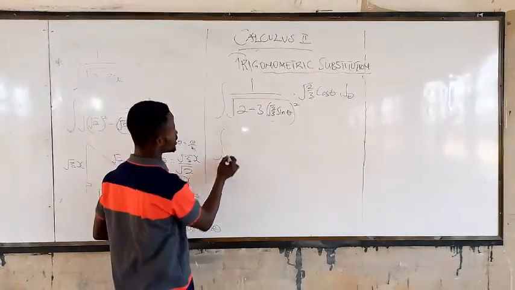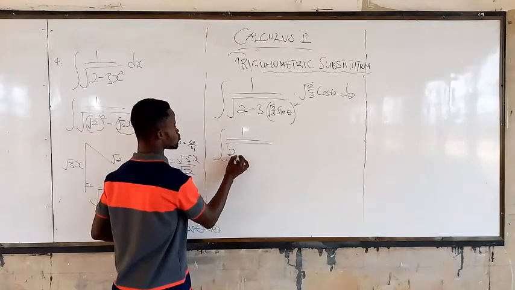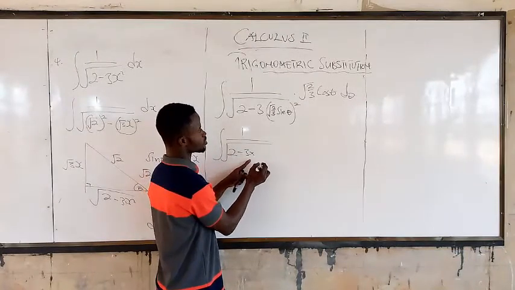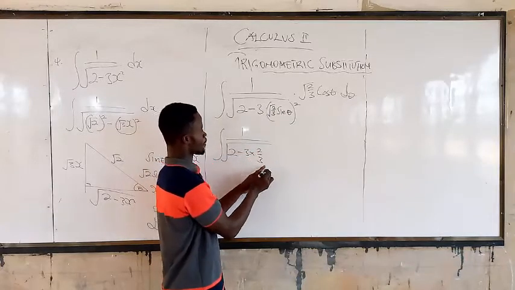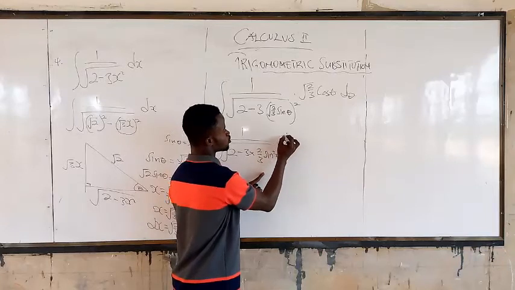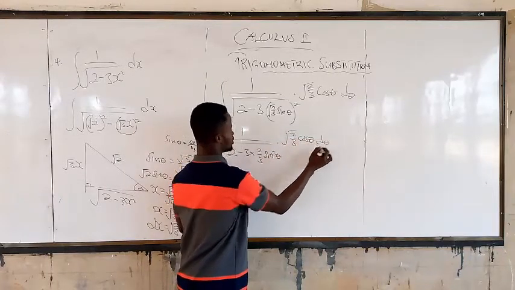So we are going to get 1 over square root of 2 minus, here we get 3 times. This square will remove this root, so 2 over 3 sine squared theta times square root of 2/3 cos theta d theta.